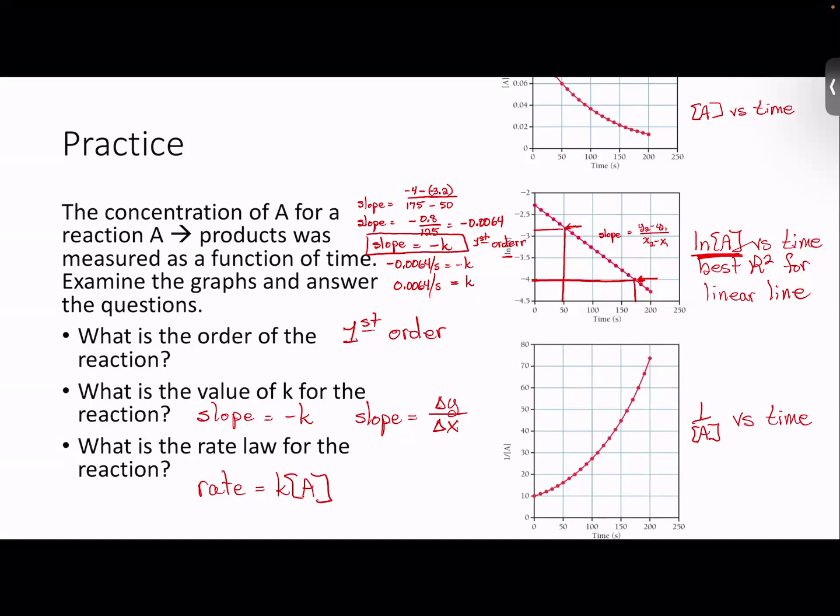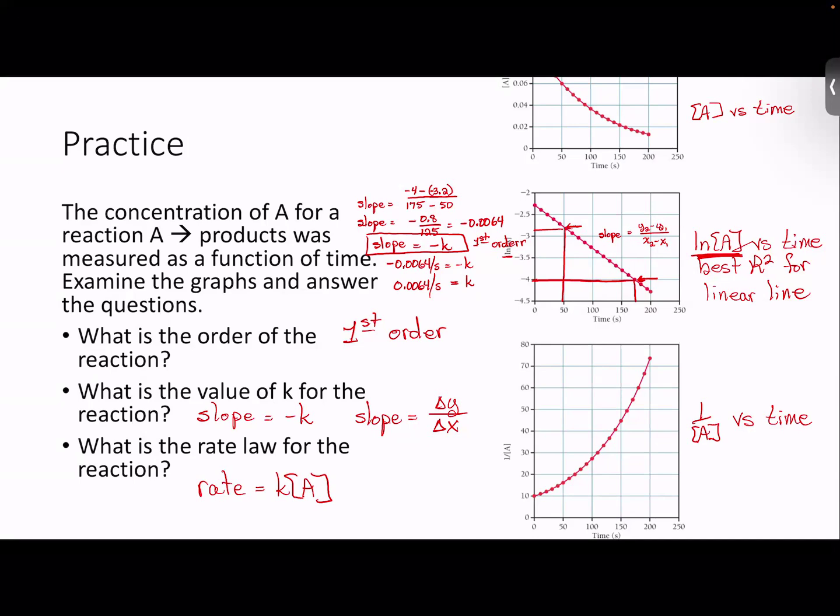And remember, rate constants must be a positive value. This one comes out to be positive because the slope, which was negative, was equal to a negative. So it comes out to be positive. I'll ask you to write the rate law, just like I did in that third problem.